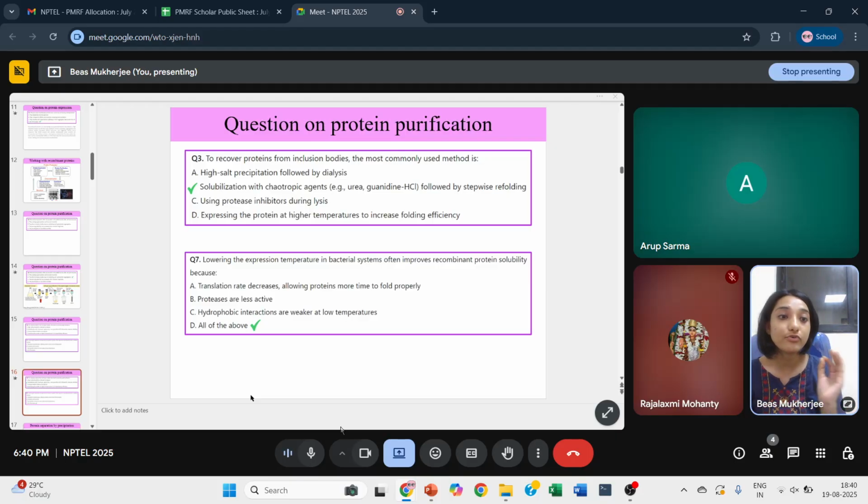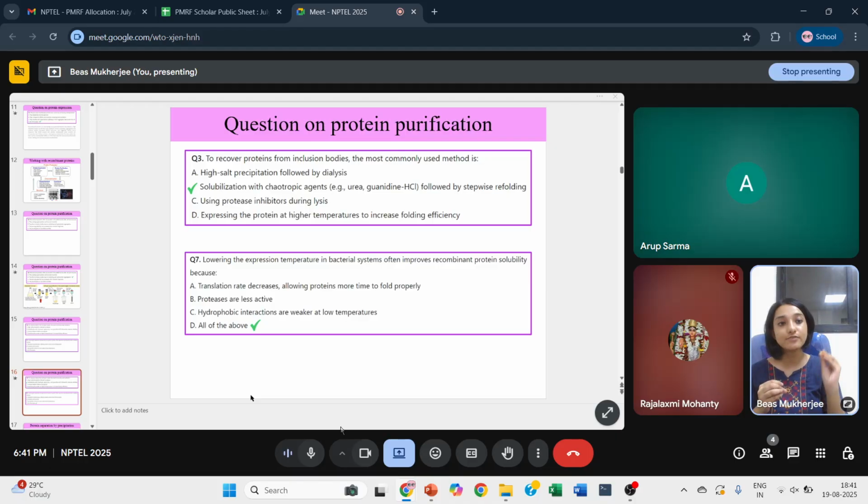Okay. Now for the next question. The right answer is all of the above. So what happens is sometimes when the bacteria is triggered to produce proteins at 37 degrees centigrade, it produces so much protein that all the protein is either misfolded or aggregated and completely denatured, and it cannot be used anymore for further studies because it goes into this inclusion body.